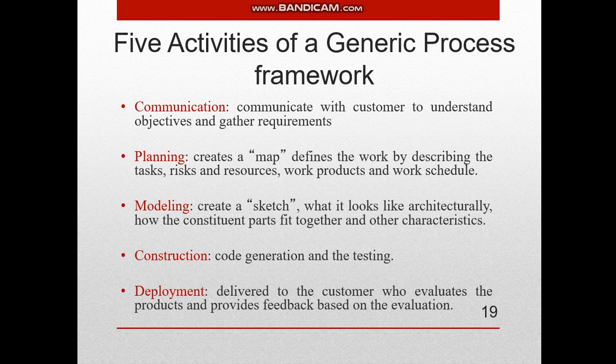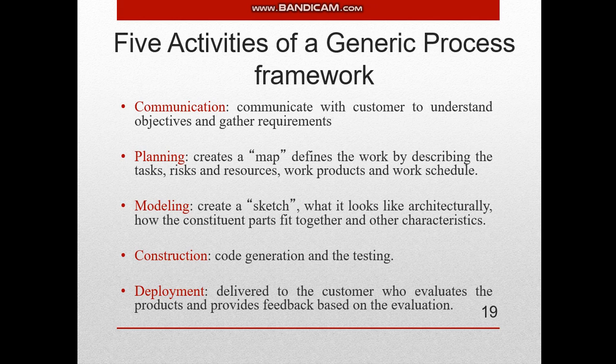Next stage is construction. Once you are done with planning and modeling, the next step has to be implementing those things. That implementation stage is construction, where, using the data from the previous two stages, you generate the code and then test the code before handing it over. The last stage is deployment.